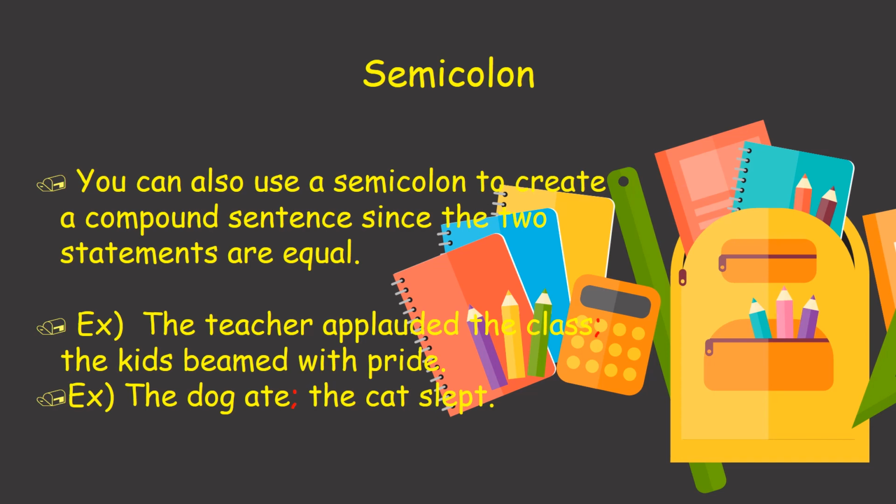Look at these examples. The teacher applauded the class; the kids beamed with pride. Second one, the dog ate; the cat slept. So you can see the semicolon in these sentences.